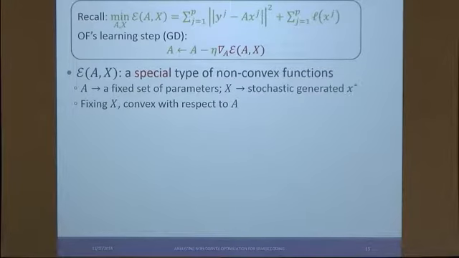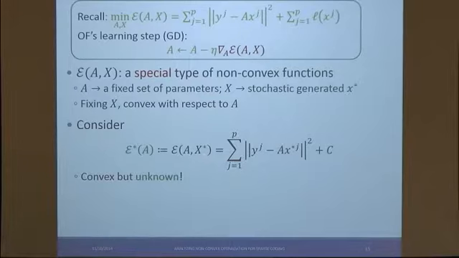Also, if you fix X, then this function is quadratic, so at least it's convex with respect to A. We hope to exploit this specialty of this function so that we can prove something.